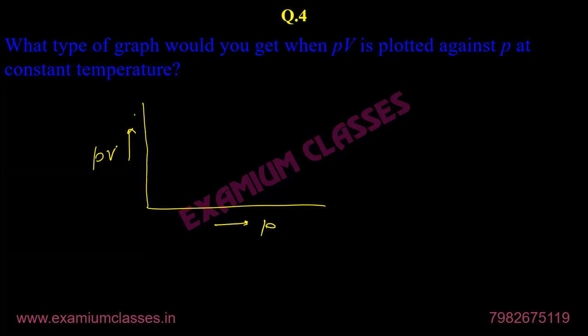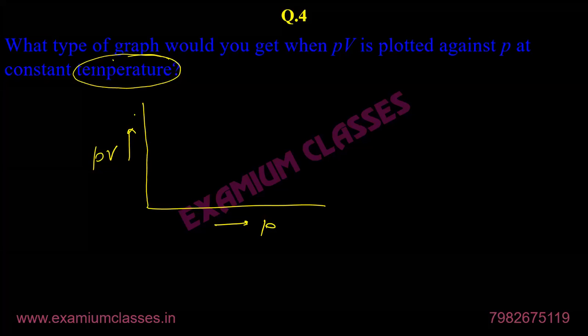The graph when PV is plotted against P will be like this. X-axis will be P, y-axis will be PV. How will the graph look at constant temperature? You will get the answer if you use constant temperature. Which law is there at constant temperature? Which particular law?